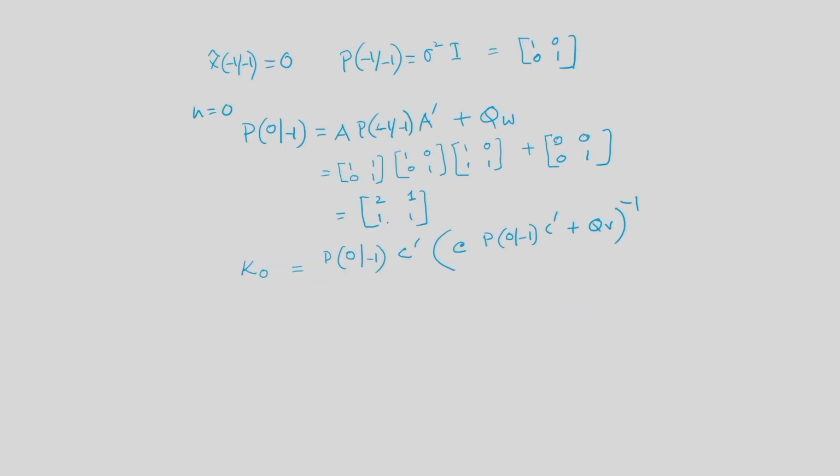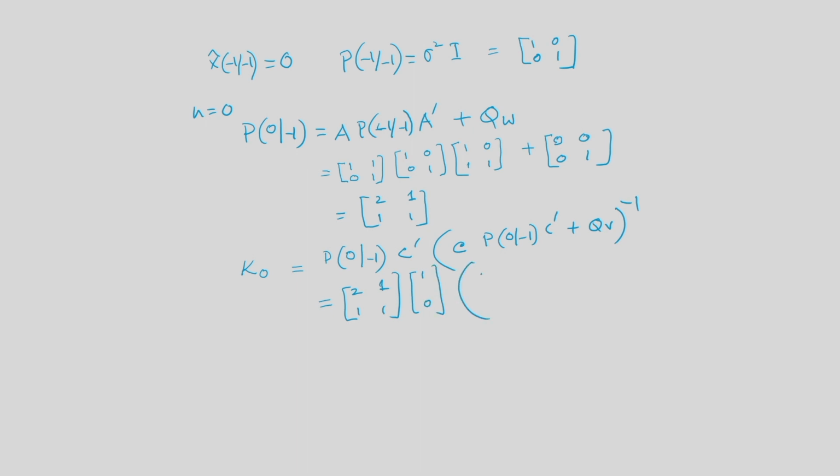We have already obtained this, and the value of C is 1 0, C is known, C transpose we know, and Q V is simply 1. So, we can write this as the matrix 2 1 1 1 into C transpose, where C is 1 0, so this will be 1 0.